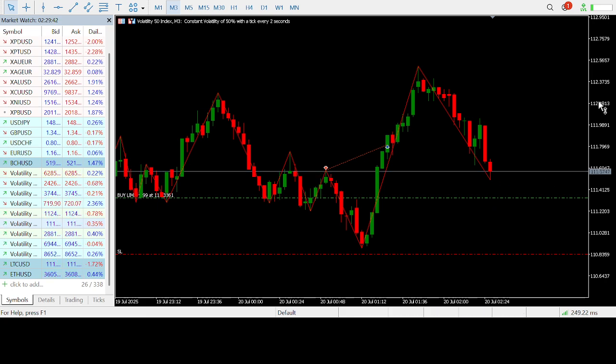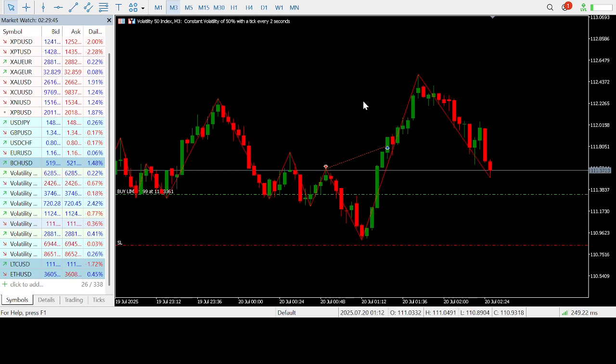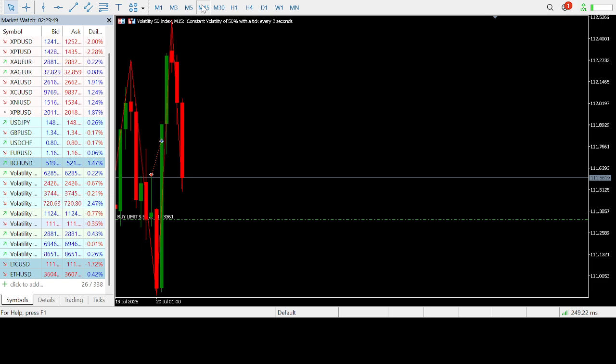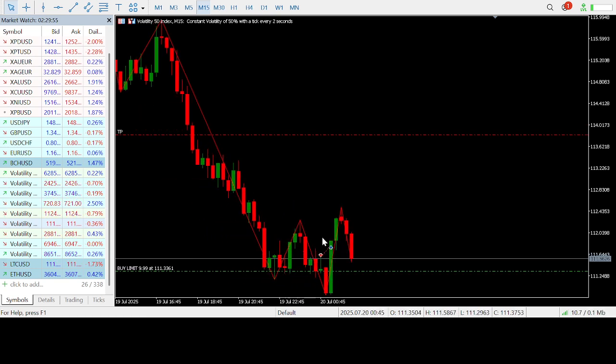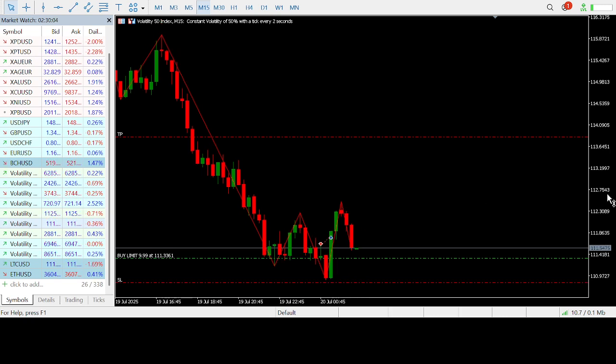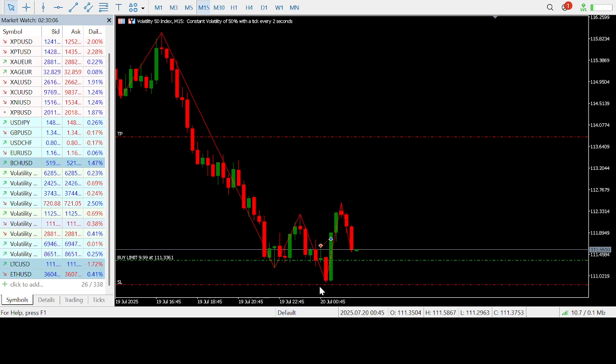So here, let's see, this trade is supposed to pick from here, and then the TP is supposed to be the high of the 15 minutes. If it is not the high of the 15 minutes, which was this one, because this doesn't give 1:5, that is what I have put for now.